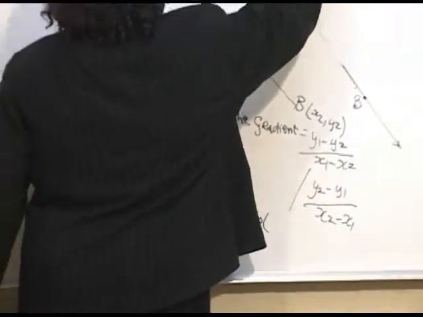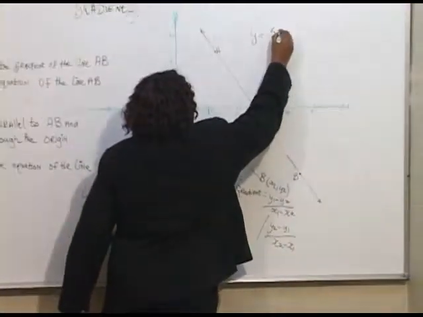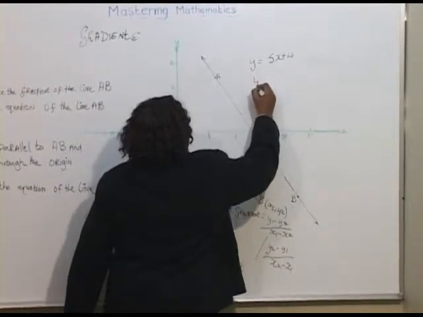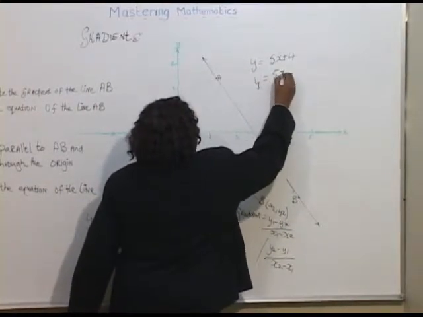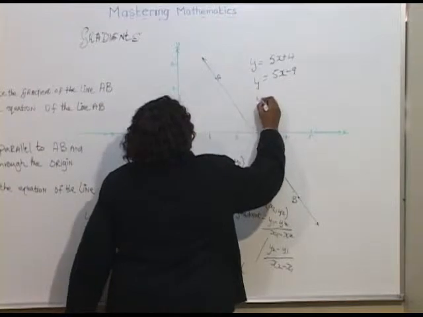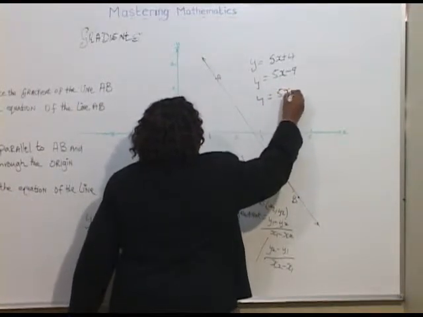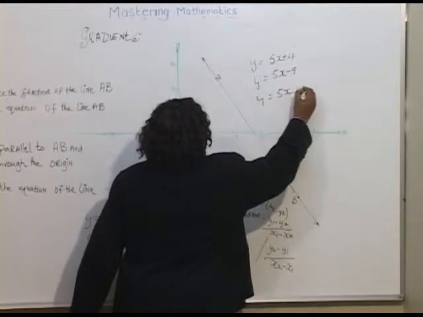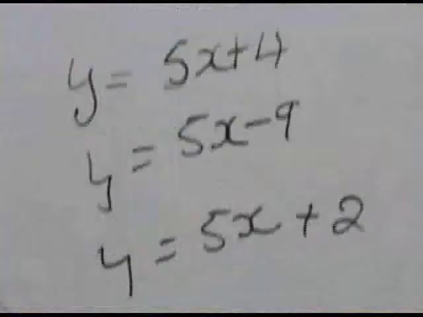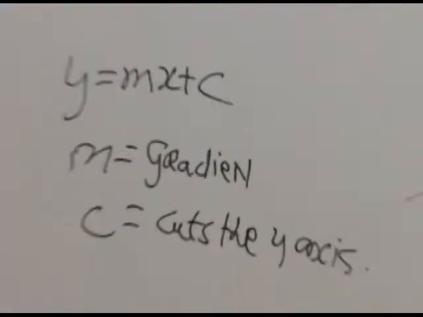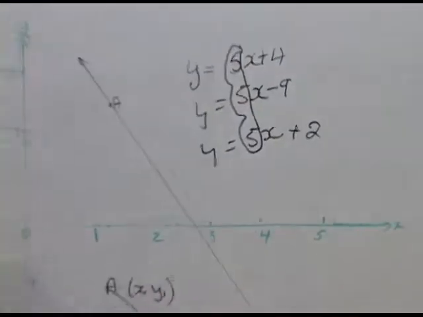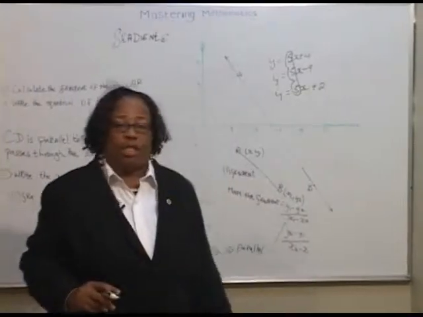You could have had y is equal to 5x plus 4, y is equal to 5x minus 9, y is equal to 5x, and it could be plus 2. Because the coefficient of the x term, which represents the gradient of the line, is 5, okay, for each of these lines, then these 3 lines are parallel to each other.